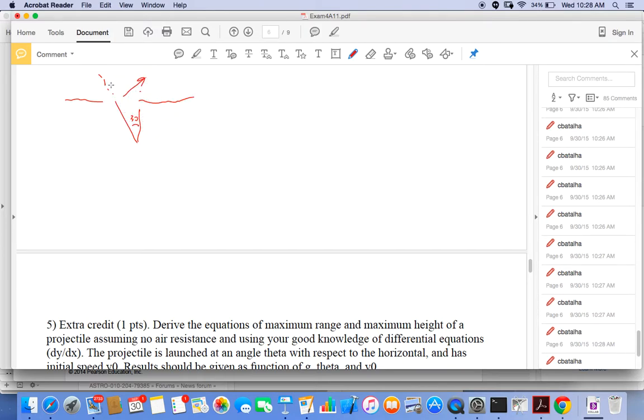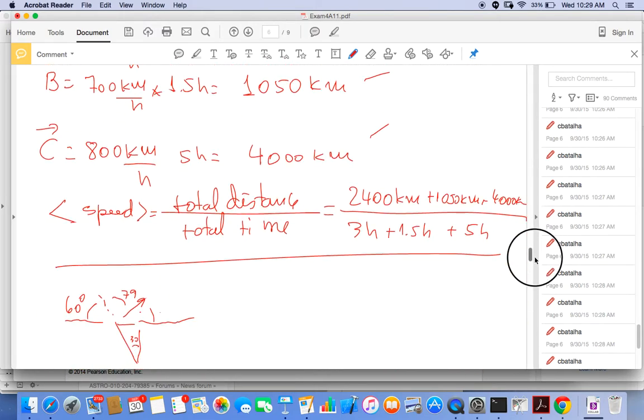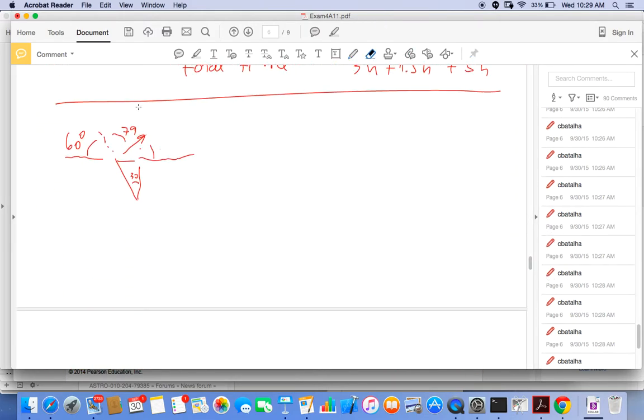This angle is 30, so this angle right here is 60. So if I put it like this, this angle is 60. If this is 79, this is 79, and this is 60. So this angle over here is the angle, 79? No, 76. Sorry, the angle is 76.